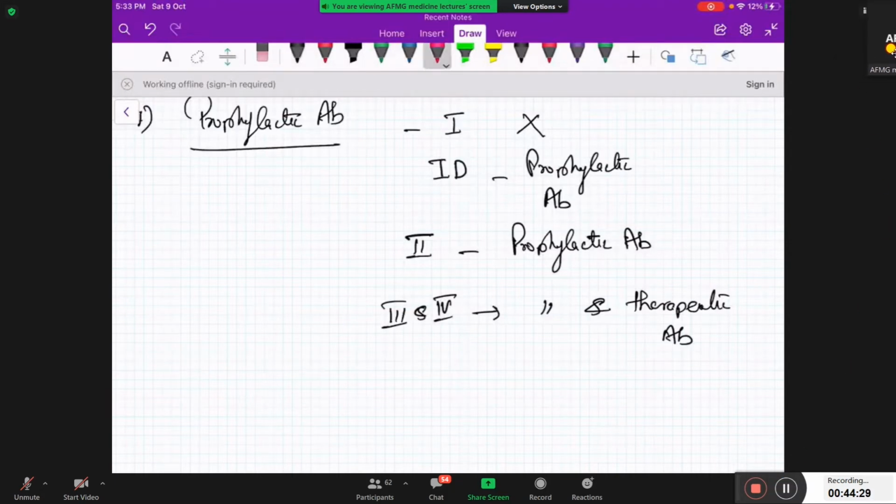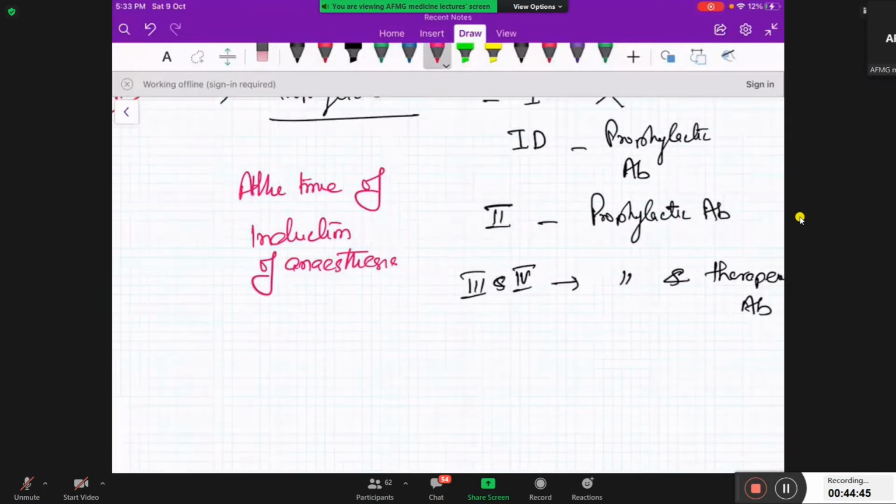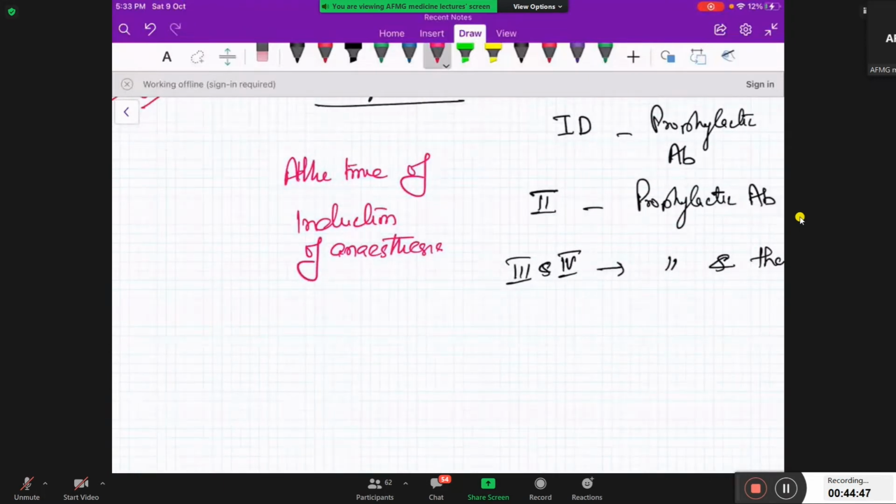The best time of giving this is at the time of induction of anesthesia. Not incision, mind it. It is at the time of induction of anesthesia.